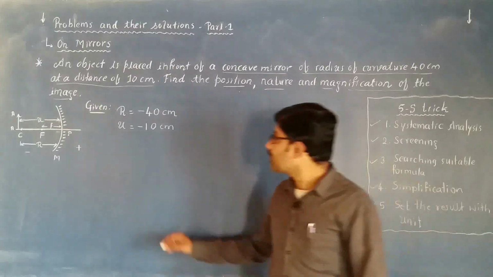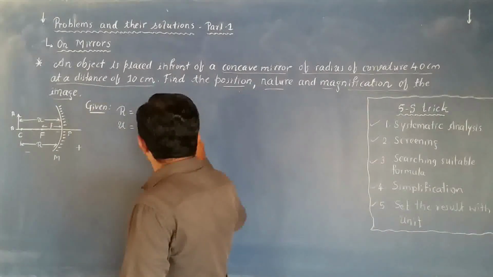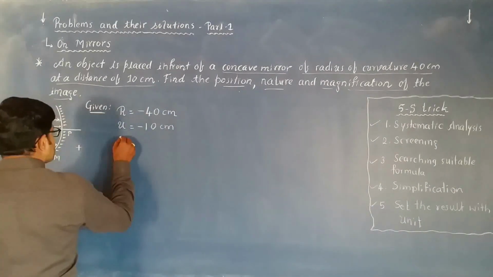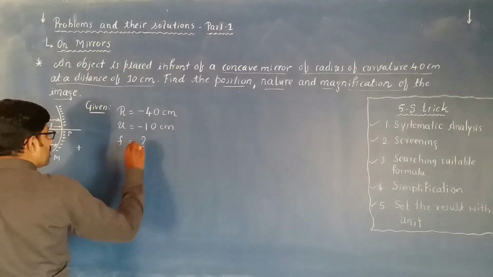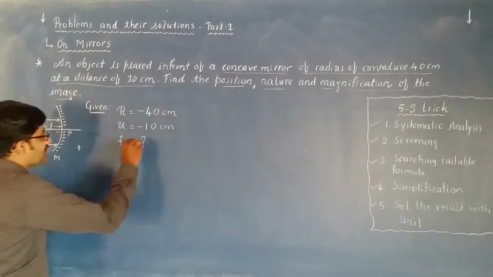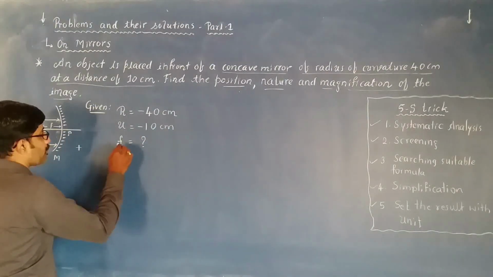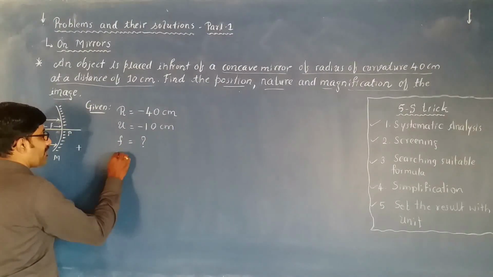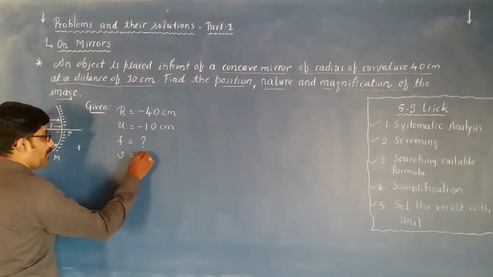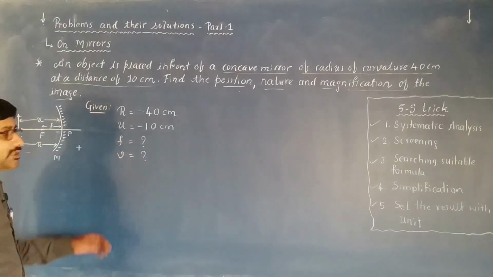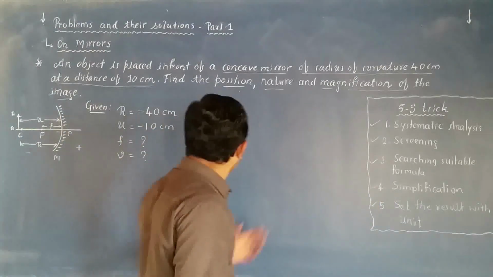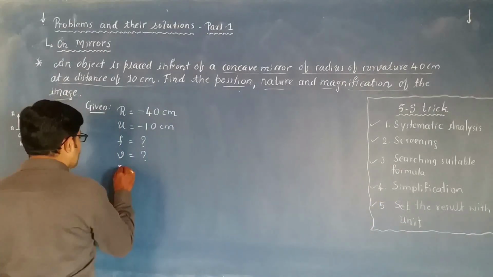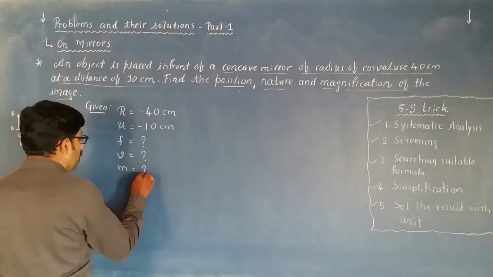Then you need to calculate first what will be the focal length. Focal length is equal to how much? Similarly, the position of the image, that is V is equal to how much? Image position or image distance you may take, and you are also calculating the magnification. M is equal to how much?